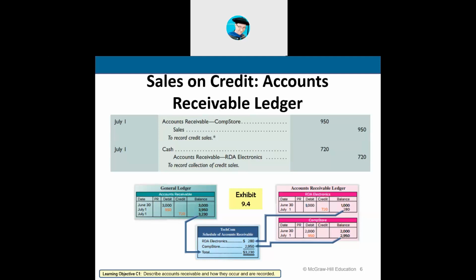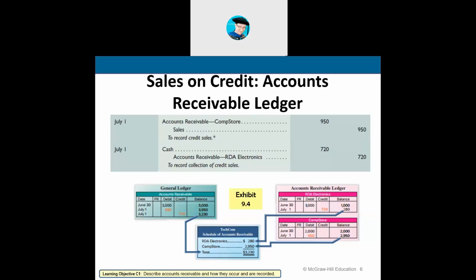I think of it like a tree. At the top of the tree, you've got accounts receivable. The layer just below it, you have your subsidiary accounts. Those are your individual customers. Now we can see that the general ledger balance, 3,230, includes the two transactions from above.